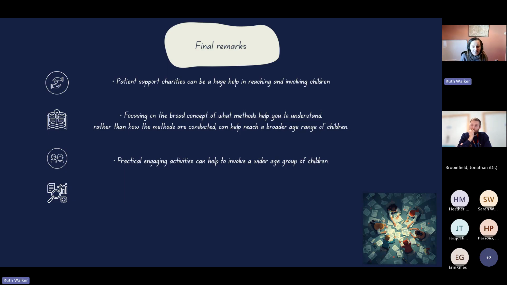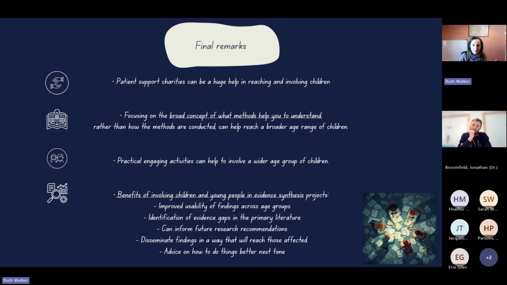It is possible to explain statistically complicated research in an understandable way if you focus more on the broad concepts of what the methods have helped you to understand, especially when coupled with interactive activities. In terms of the benefits of involving children in evidence synthesis, it can help you to really focus on what matters, potentially across different age groups.